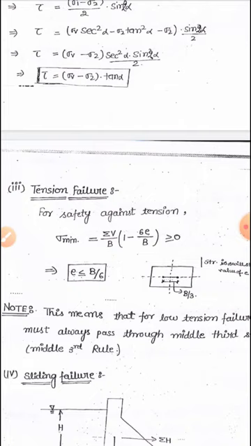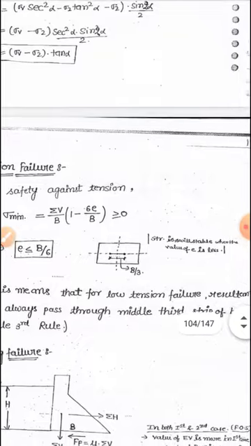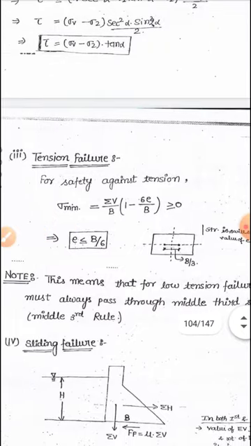If e is less than or equal to B by 6, no tension will be developed. Hence, the maximum value of the eccentricity should be equal to 1/6 of the base width. In other words, the resultant should always lie within the middle third.